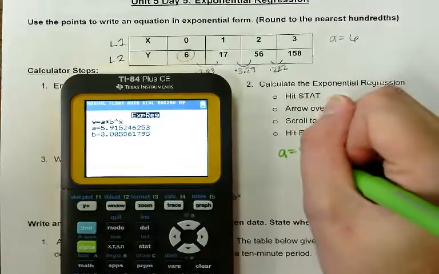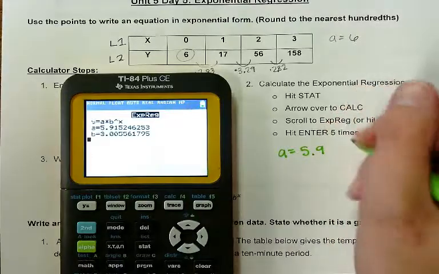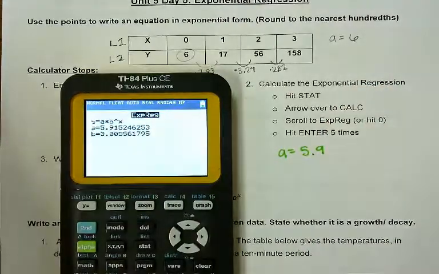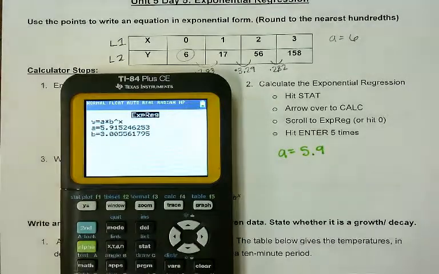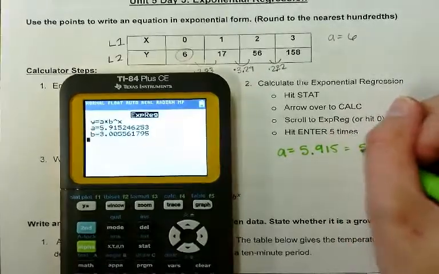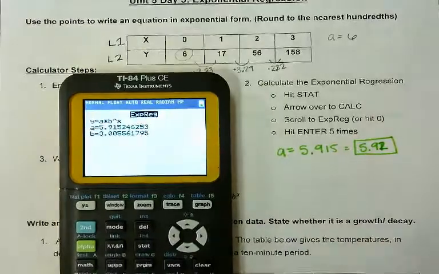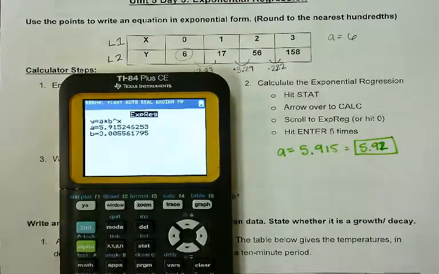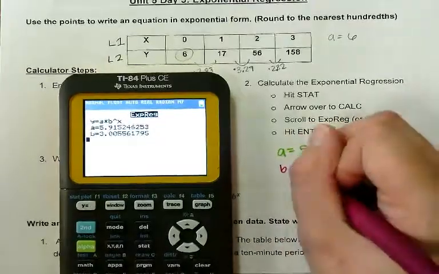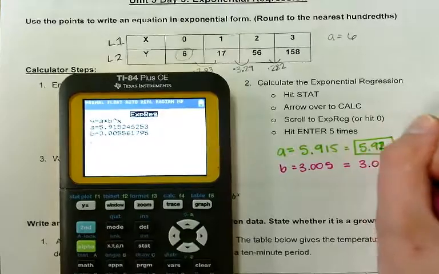So my a for my line of best fit would be 5.915, or because it says round to the nearest hundredths, I'm going to make that 5.92. Are you guys okay with that? All right, 5.92. And then my b value here is going to be 3.005, so I'm going to round that to 3.01.